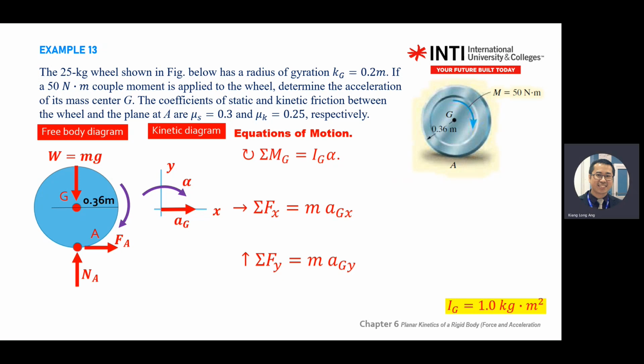But if the thing rotates, then you focus on tangent and normal direction. Okay. So moment at point G, you put your focus on the center of mass. So your W is gone because the d is 0. Your N also 0 because it passes through the center of mass. You only see FA, right?